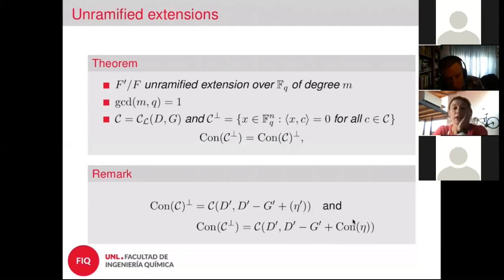So if we can prove that this conorm is exactly this other divisor, or if it is rationally equivalent, then we will have that this equality holds in a more general setting.